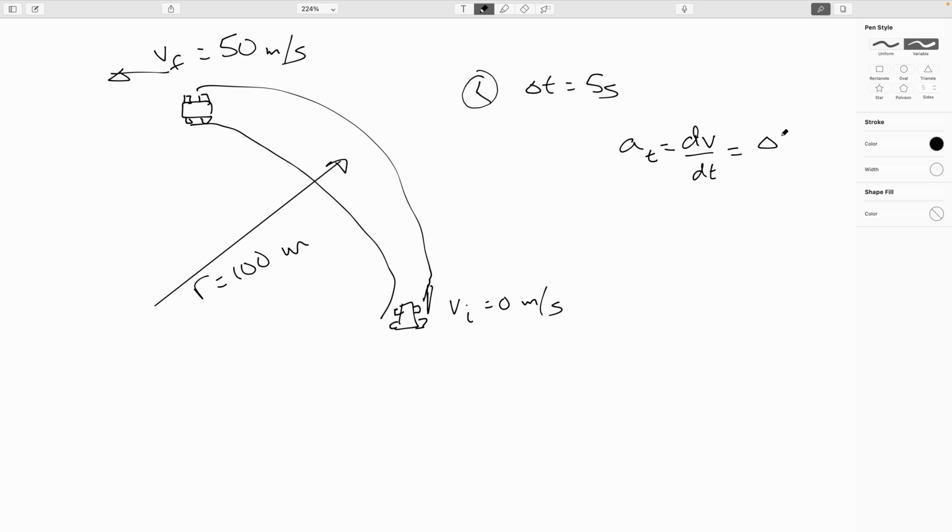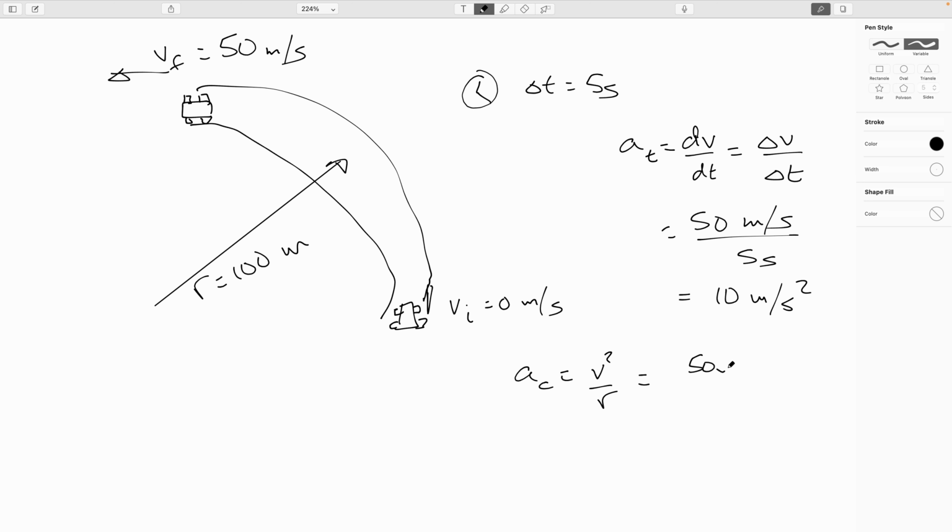Since it's changing uniformly, I can say that this is the same as the average tangential acceleration, the average rate of change of the speed. So this will be 50 meters per second over 5 seconds, which is 10 meters per second squared. And to get the centripetal piece, we'll go ahead and say that that's v squared over r. So my final velocity here is 50 meters per second, quantity squared, over 100 meters. That works out to be 25 meters per second squared.